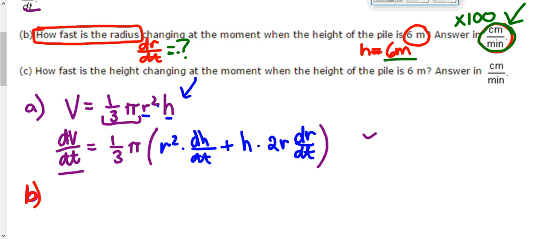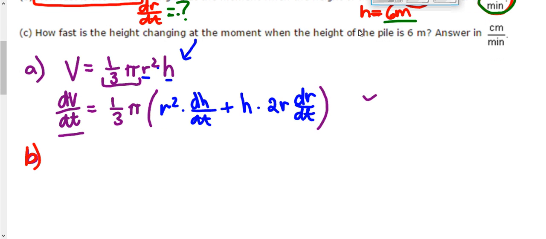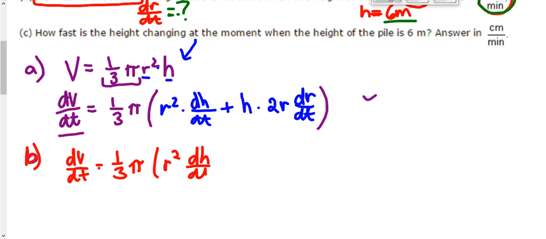So we're going to be using the derivative that we just found. So we have dV/dt equals 1/3 pi times r squared dh/dt plus, I'm just going to rewrite the order of that, 2rh dr/dt.